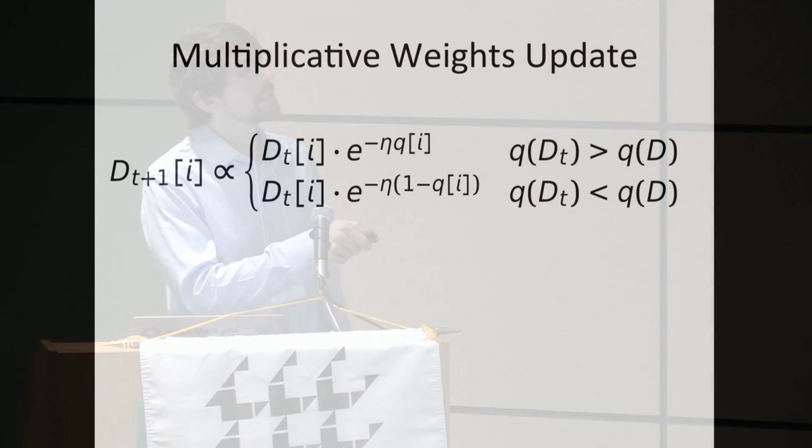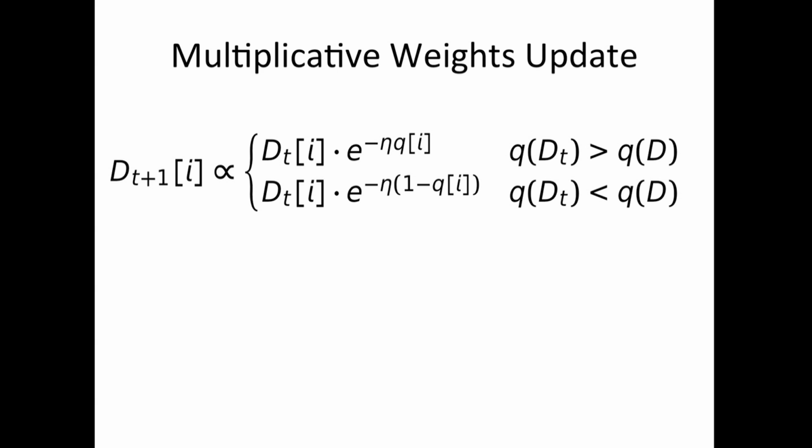So we want to reweight all the positive coordinates of the distribution by a factor that's smaller than 1. And if you think about it, e to the minus eta times q_i is smaller than 1 if q_i is equal to 1, and it's exactly 1 if q_i is equal to 0. Okay, so this reweighting factor penalizes the positive coordinates if our answer was too large.